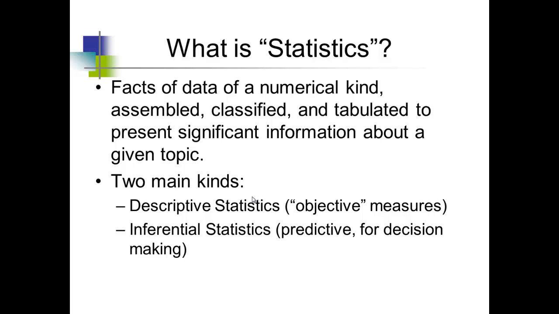Often we use this for decision making. And so, with inferential statistics, we might say something like, for every year increase of education, we would expect to see a 0.05% reduction in the risk of a woman giving birth to a low birth weight baby. That's the type of inferential analysis we're getting at with this.